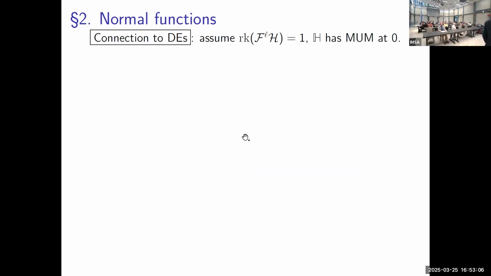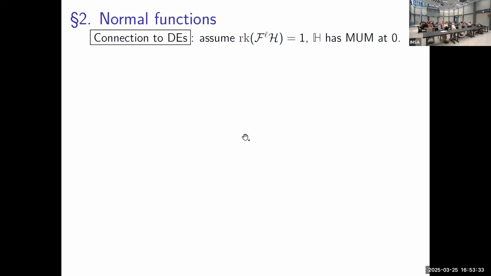Okay. So finally, there's a connection to differential equations, which I guess wasn't really noticed until relatively recently, with the exception of one case, and that was old work of Manin in the 60s. So let's assume that the rank of the top piece of the variation, the top Hodge piece, is 1.